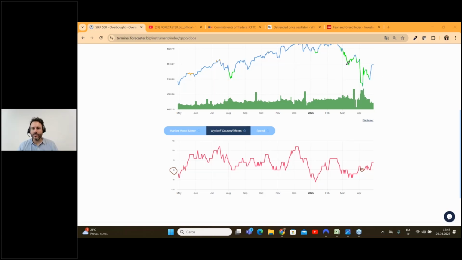We search for divergences. So for example, in this case, as you can see on the S&P 500, even if the prices were dropping down, we have the number of buyers increasing. Very simple.